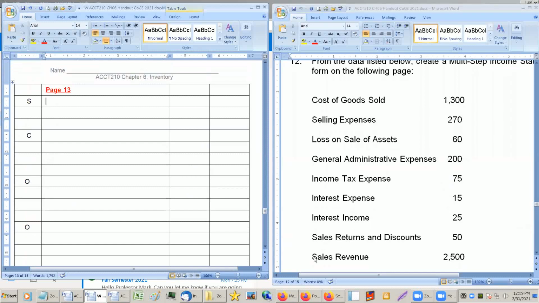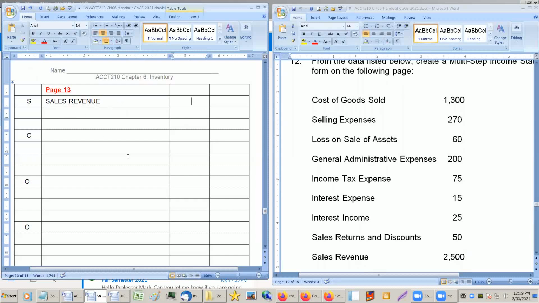The first thing we're going to have is sales revenue. So this is our money coming in, basically. And these are not debits and credits.